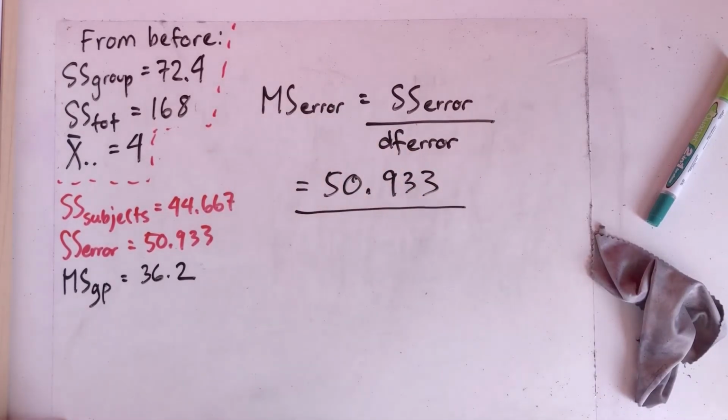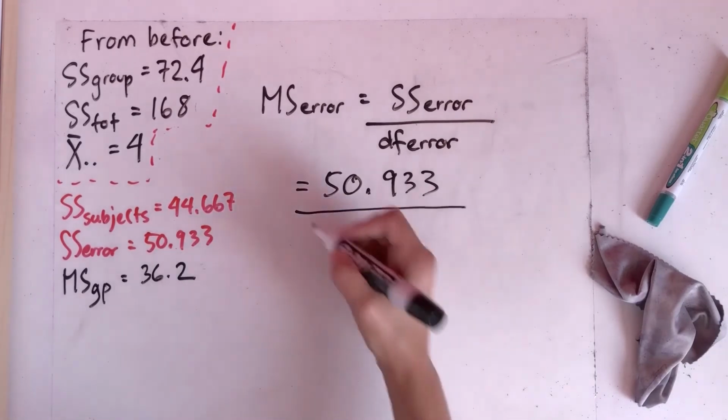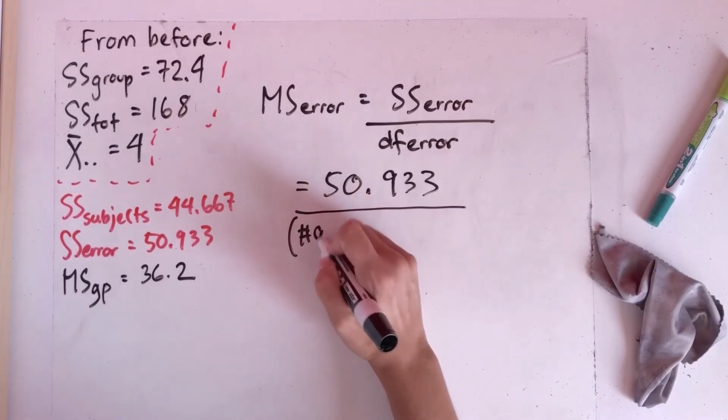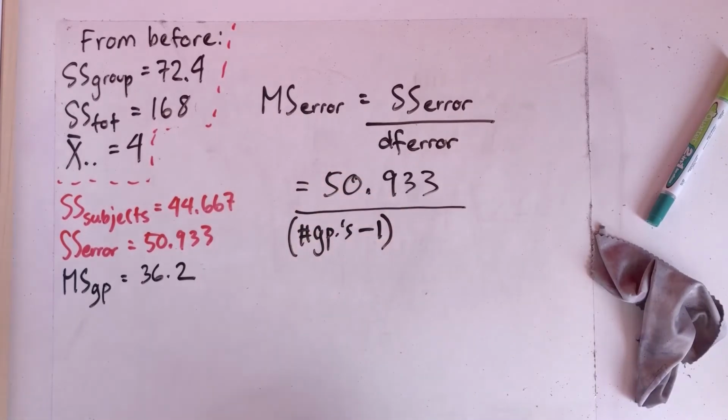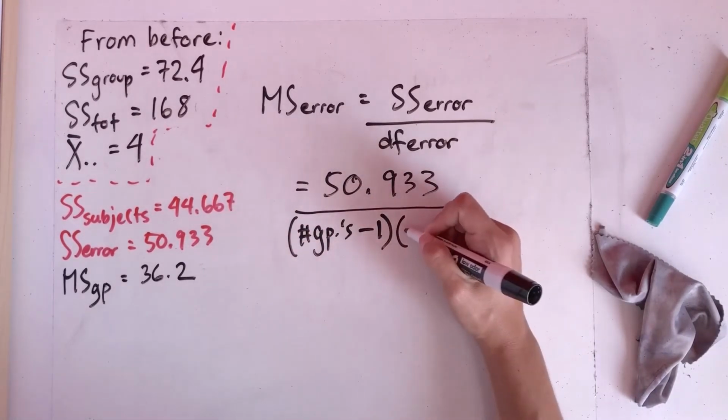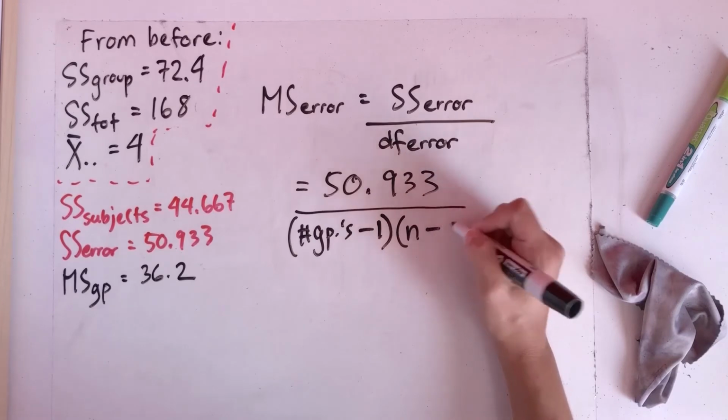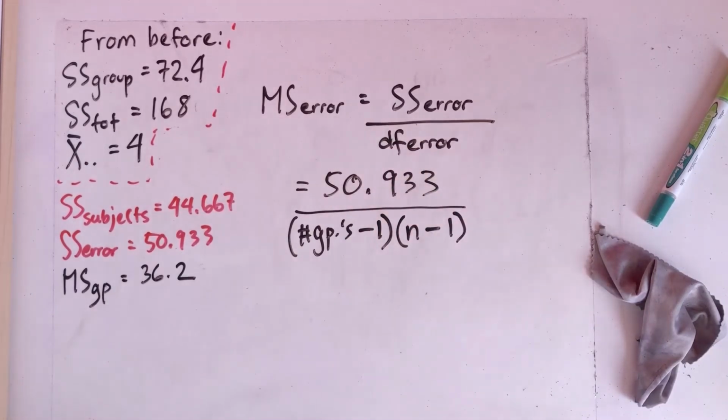And the way that we're going to compute the degrees of freedom error is we're going to look at the number of groups minus 1. And then that is going to be times the number of observations per group minus 1.